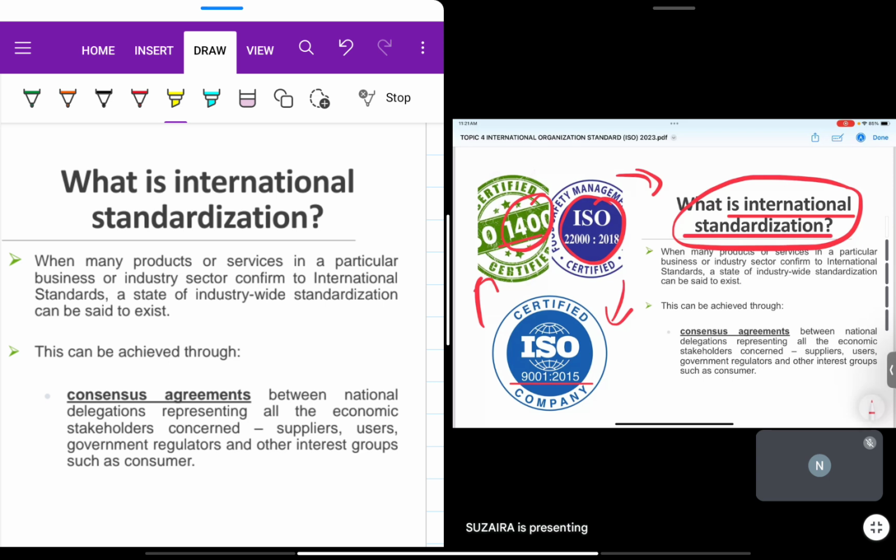When we agree upon something, that requirement can be used in other countries and can also be applied in our country. So international standardization is the agreement that we achieve among the representatives of their whole country, in order to create new standards.